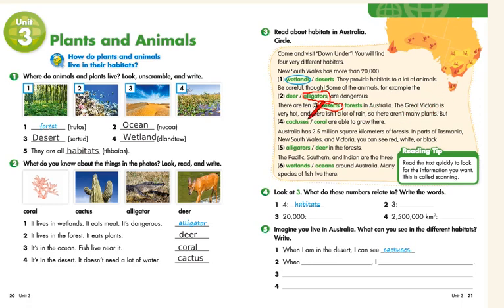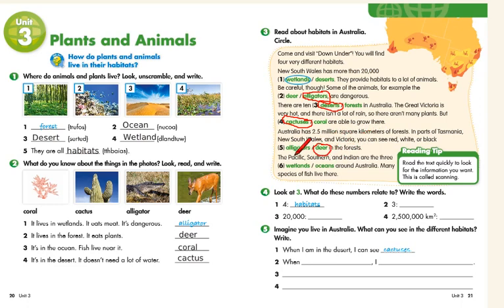But cactuses, because cactus live in the desert, are able to grow there. Australia has 2.5 million square kilometers of forests. In parts of Tasmania, South Wales, and Victoria, you can see red, white, or black deers because deers live in forests.